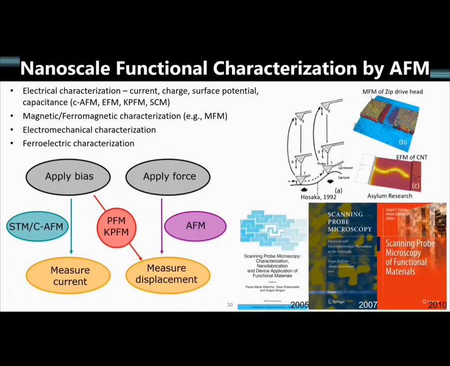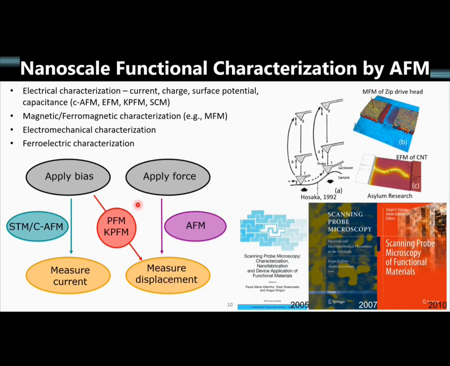I'd like to show this schematic, this diagram, to show how the different AFM modes or scanning probe modes fit together. With STM, as we talked about, you're applying a bias and measuring the current, and that's very similar to conducting AFM, CAFM. You're applying a bias and measuring a current. With normal AFM, with contact mode and tapping mode, or intermittent contact or amplitude modulation, you're applying a force and essentially measuring a displacement and using that to map out the surface of the material.